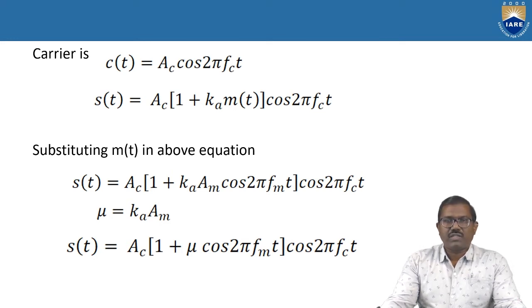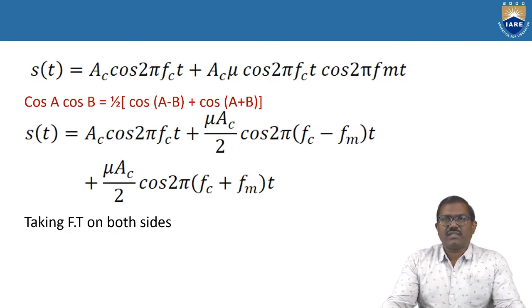After substitution and simplification, you get s of t is equal to Ac of 1 plus mu cos 2 pi fm t into cos of 2 pi fct. Here mu is the modulation index or modulation depth, which is equal to ka into Am, the amplitude sensitivity and the amplitude of the message signal.